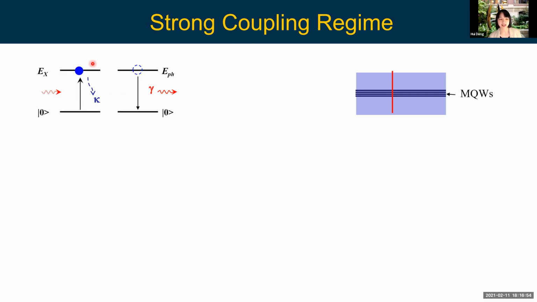So you can create such an excitation by shining light on it and transfer the energy from the light into that excitation. But typically when you do that, that excitation will go away because the excitation is not a ground state. It could go away non-radiatively, or it could go away by emitting another photon.